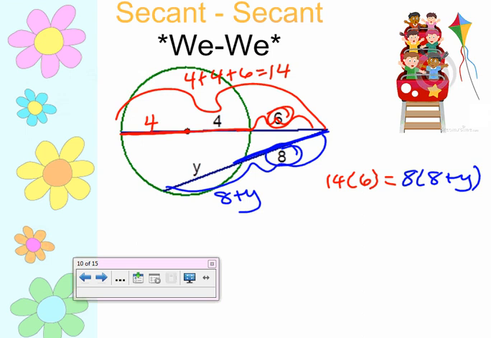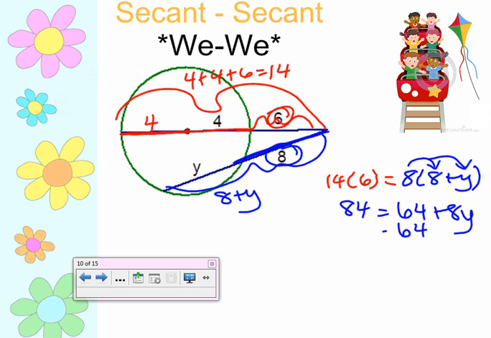Okay, so 14 times 6 gives us a value of 96. Apologize, that actually is not 96, but it is 84. Okay, so 14 times 6 is 84. Equals, distribute the 8. So 8 times 8 is 64 plus 8y.